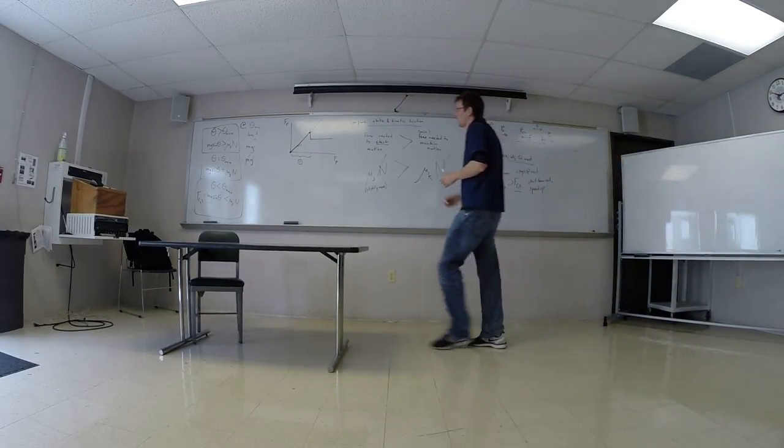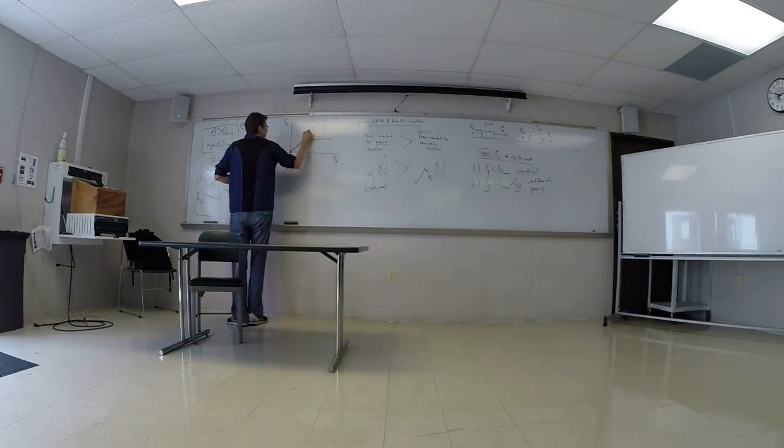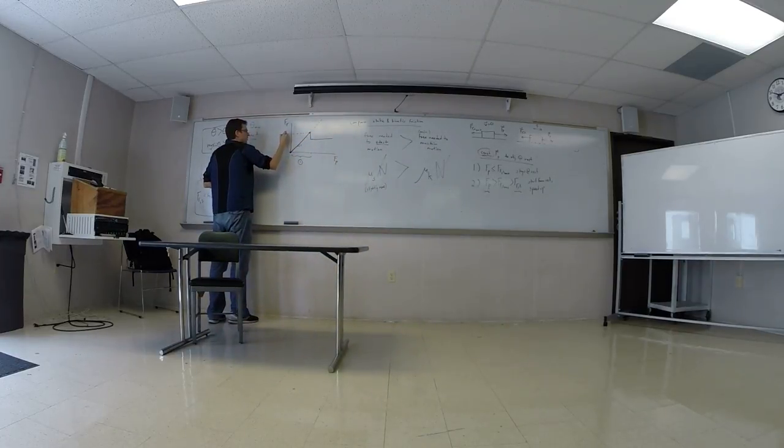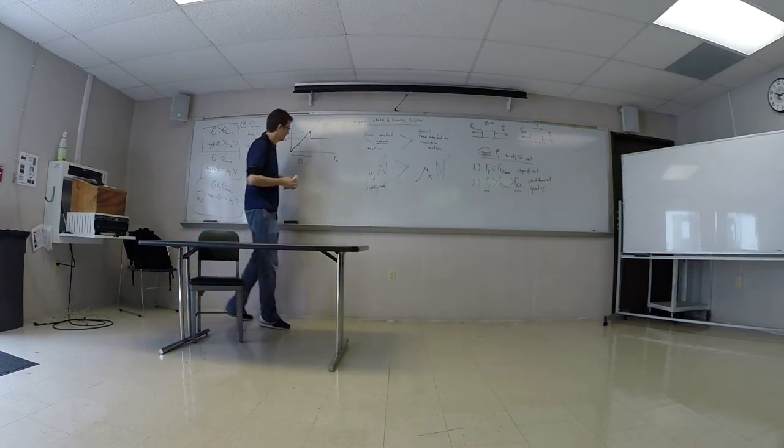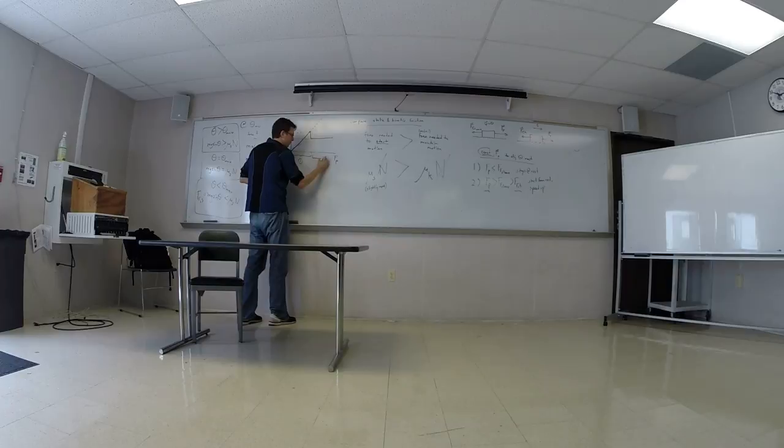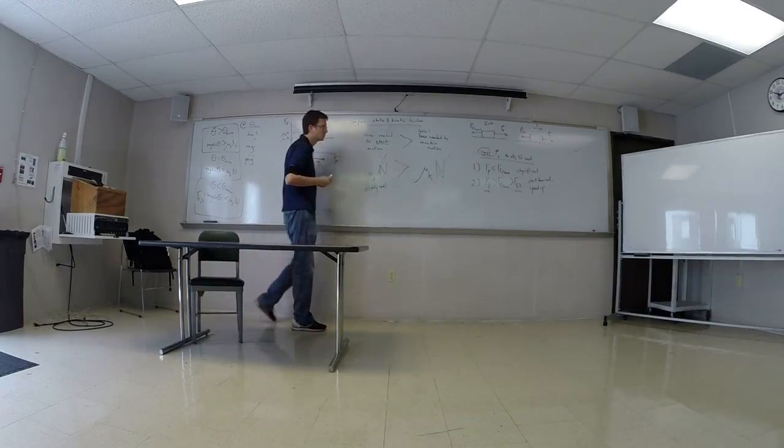In fact, we can mark on this graph, this is mu sub s times n, and this is mu sub k times n. This is everything from here on forward, that's case 2.